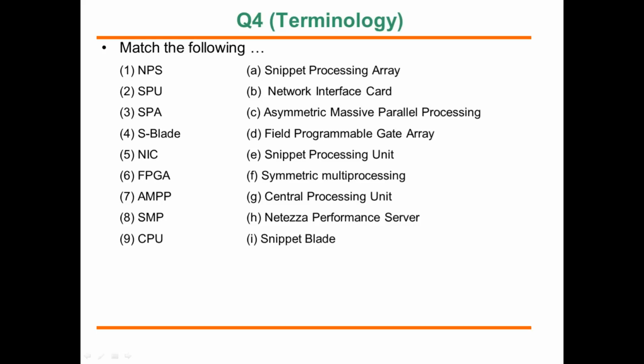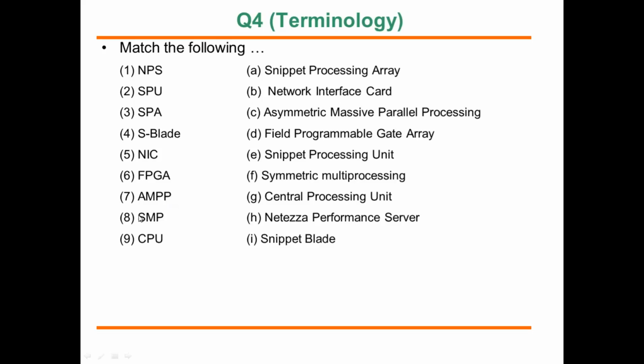NIC is network interface card. FPGA is field programmable gate array. AMPP is asymmetric massive parallel processing. SMP is symmetric multi-processing. CPU is central processing unit.